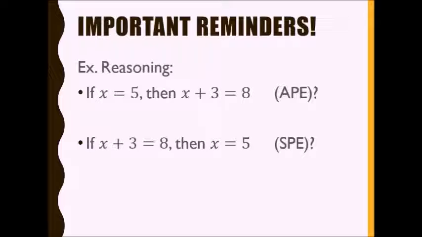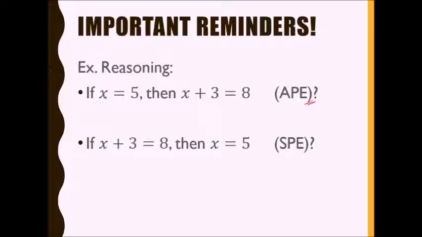Given, if x equals 5, then x plus 3 equals 8. And this one is APE. Why is it APE? Let's inspect the left side of the equation. We have originally x, and we have originally 5. If x equals 5, then if you add 3 to x, you have to add 3 as well to 5.